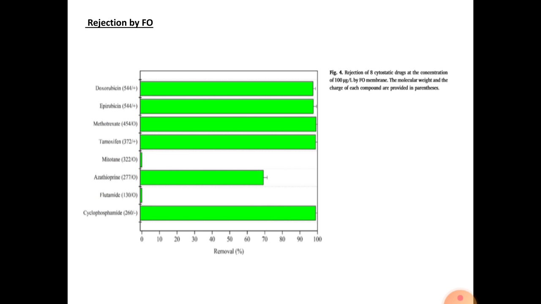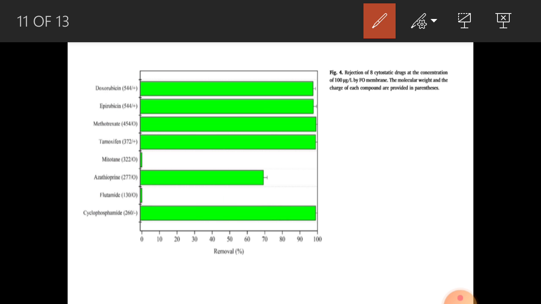But the neutral compounds with low molecular weight, like 277 Dalton and 130 Dalton, are not well rejected by the forward osmosis membrane.